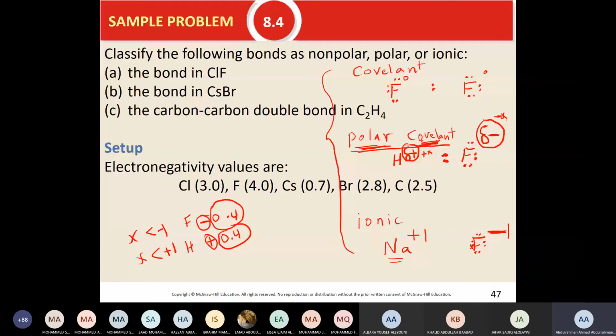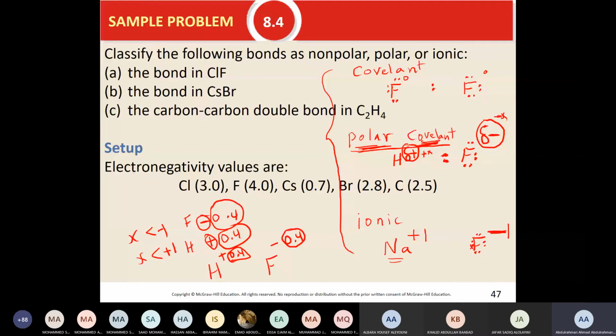This value must be less than 1, and this is the charge on fluorine, and this is the charge on hydrogen. In this case, if we have HF and I want to draw, this will be minus 0.4 and this will be plus 0.4. So the absolute value is less than 1.